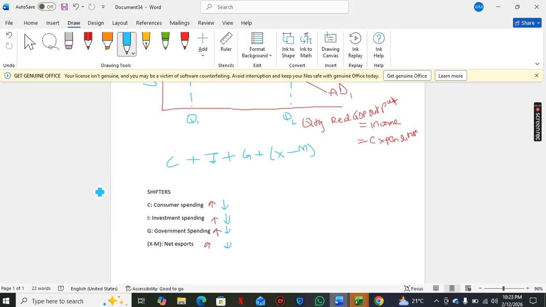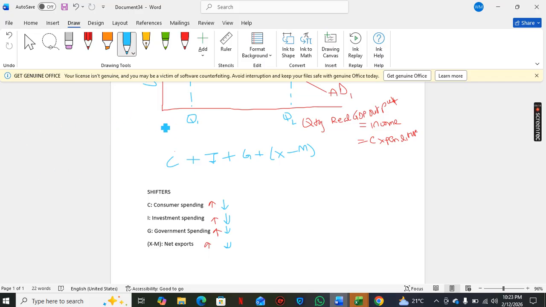So if our exports increase, it means foreigners are buying our goods, so aggregate demand increases. And it means your currency is going to appreciate, because the more people buy your goods, they're demanding your currency. So when the demand for the currency increases, the value of the currency increases.